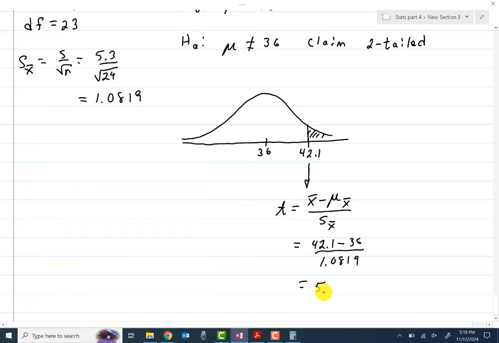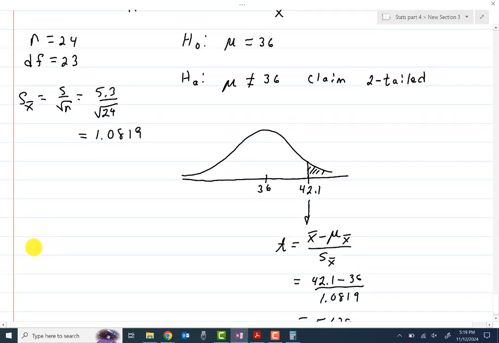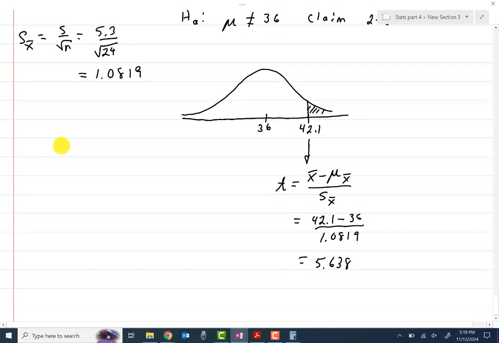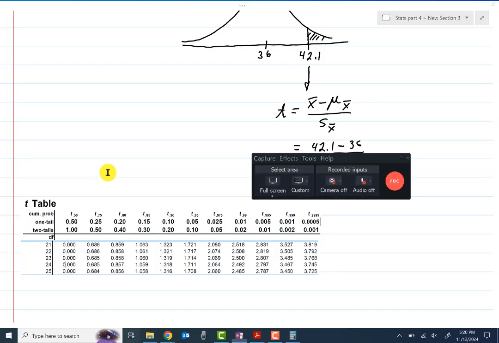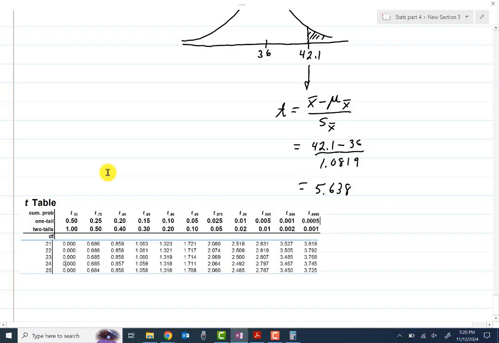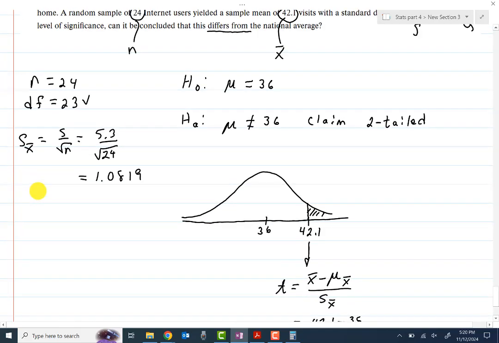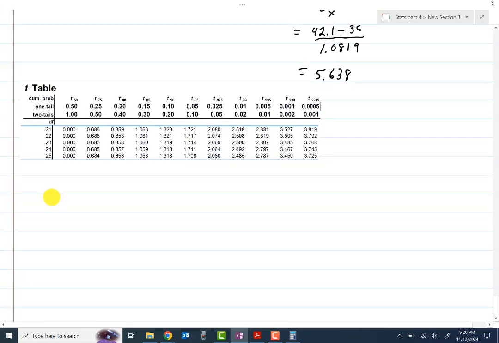I get 5.638. So time to consult the table. Use the degrees of freedom, row 30 or 23, two tails. Well, I've got some of the table up. Our degrees of freedom were 23.